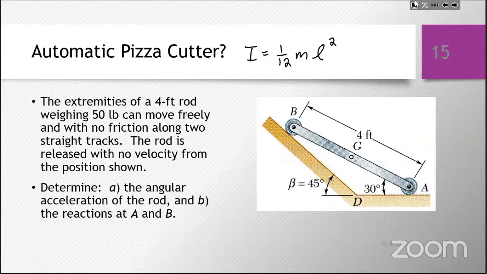Remember the hint from the very beginning of class? Start with kinematics. Try to find your accelerations first.